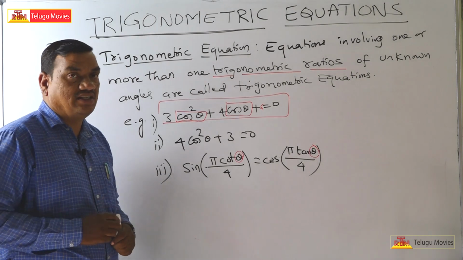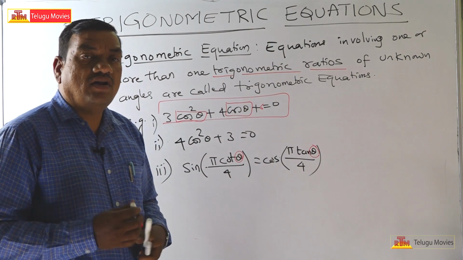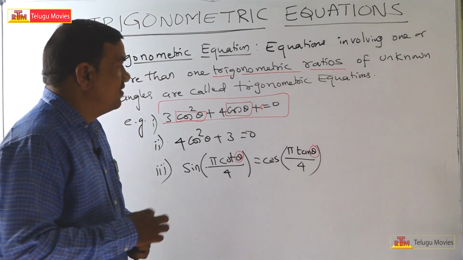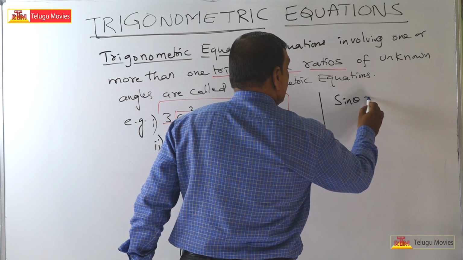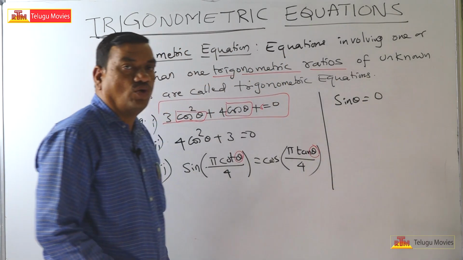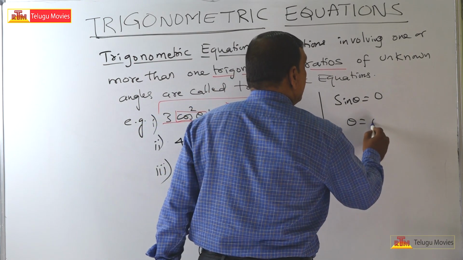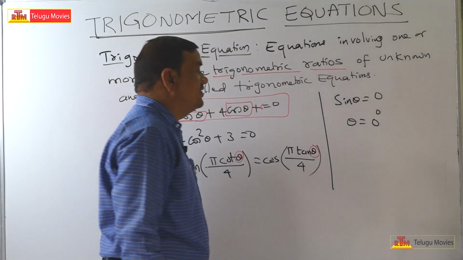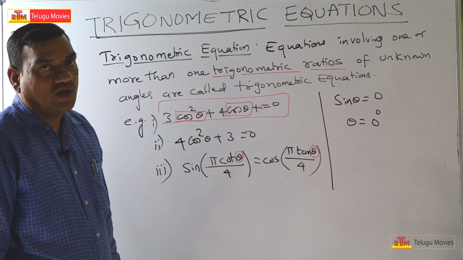Now the question arises. In our 10th class, we learned that, for example, if sin theta is equal to 0, then theta is equal to 0 degrees or 0 radians.